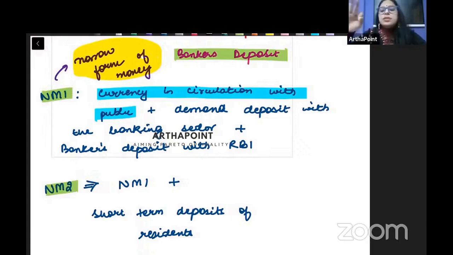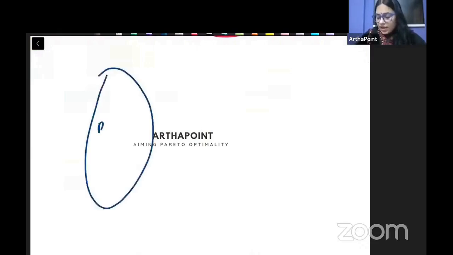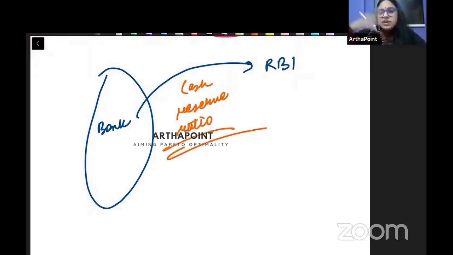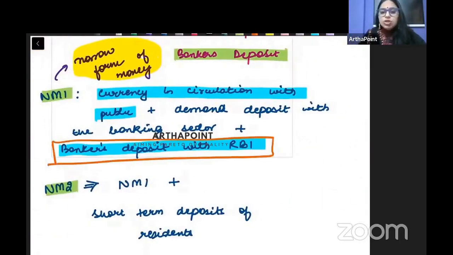Demand deposit with the bank. And bankers deposit with RBI. But a banker किस form में deposit करेगा RBI के पास? So if I have a bank, then bank will deposit money with RBI in the form of cash reserve ratio. The CRR, so that comes here in bankers deposit with RBI. जो भी पैसा बैंक RBI के पास deposit करता है.